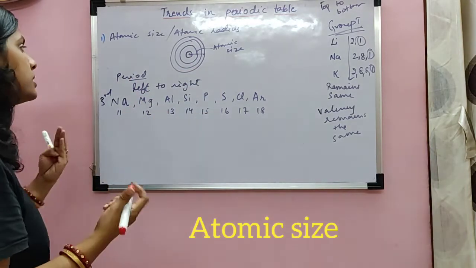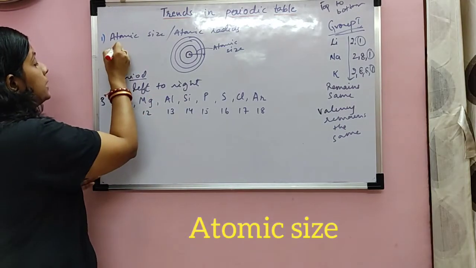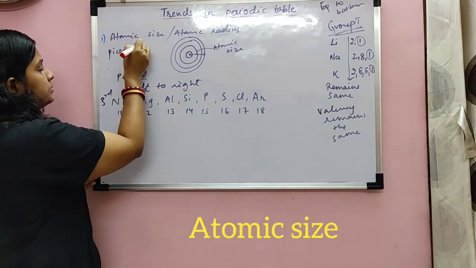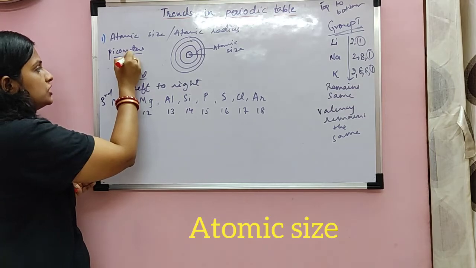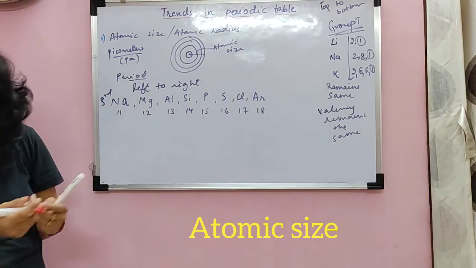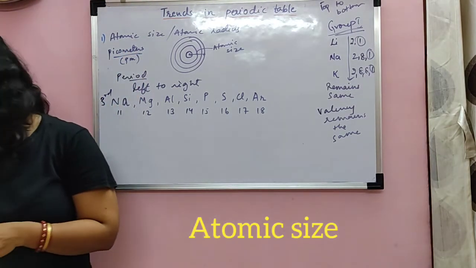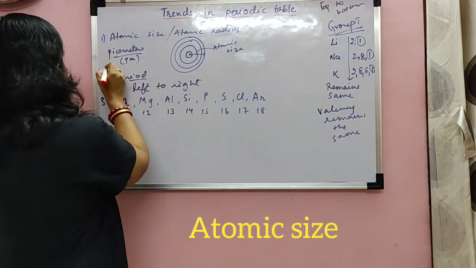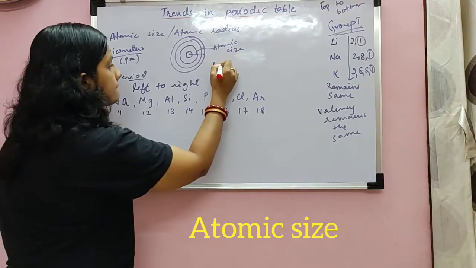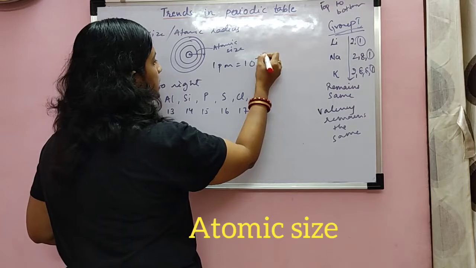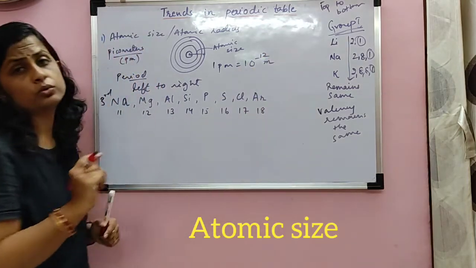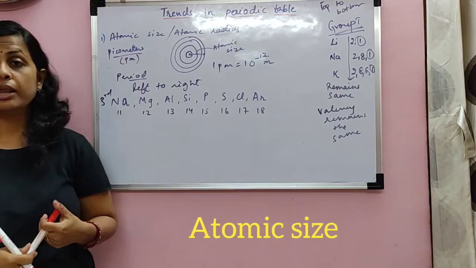Atomic size is basically measured in picometers, which in short we write as pm. So 1 picometer is equal to 10 to power minus 12 meters.